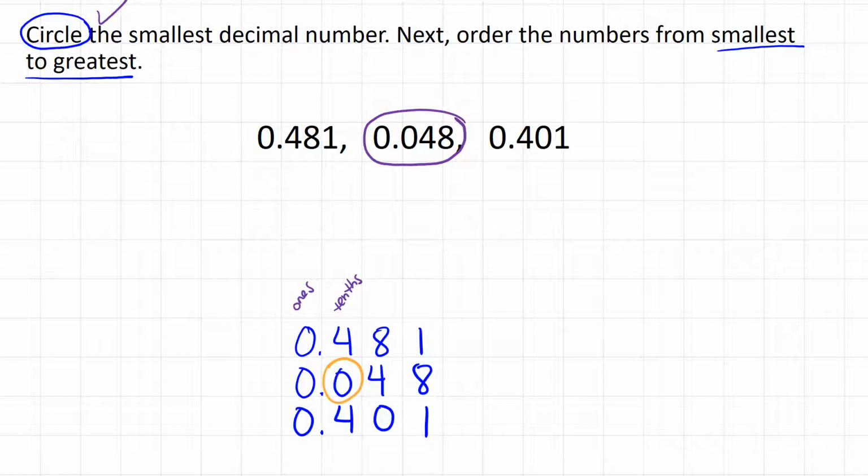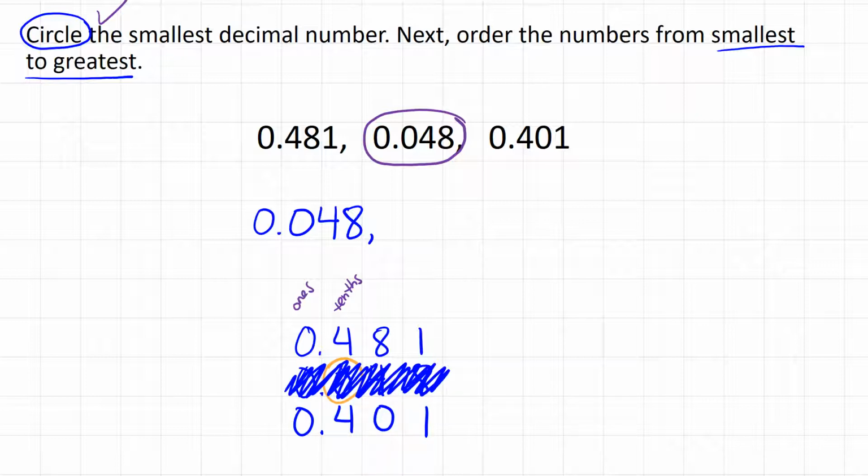And now I want to order the numbers from smallest to greatest. We've already found the smallest number, so I'm going to start writing my final answer with 0.048. Now I need to figure out what the second number is. So let's just cross out this number because we're no longer comparing it and just look at the other 2 numbers.